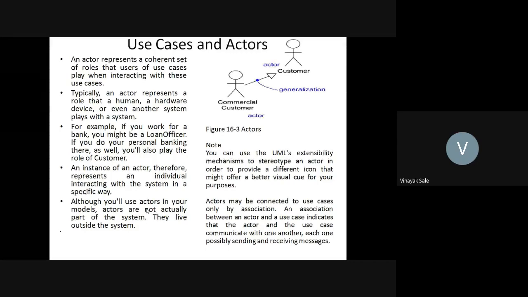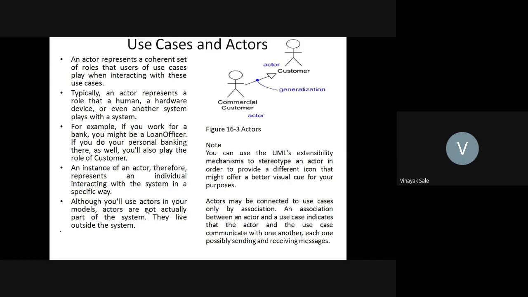For example, if you work for a bank, you might be a loan officer and you do your personal banking there as well. You will always play the role of customer.